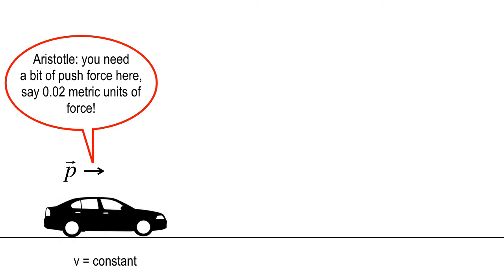So let's say it's something small, 0.02 metric units of force, in the direction of travel. So give it a little tiny arrow. I've labeled this vector with a lowercase p and a little teeny arrow over the letter p to indicate that it's a vector. All right, so this is Aristotle's position.